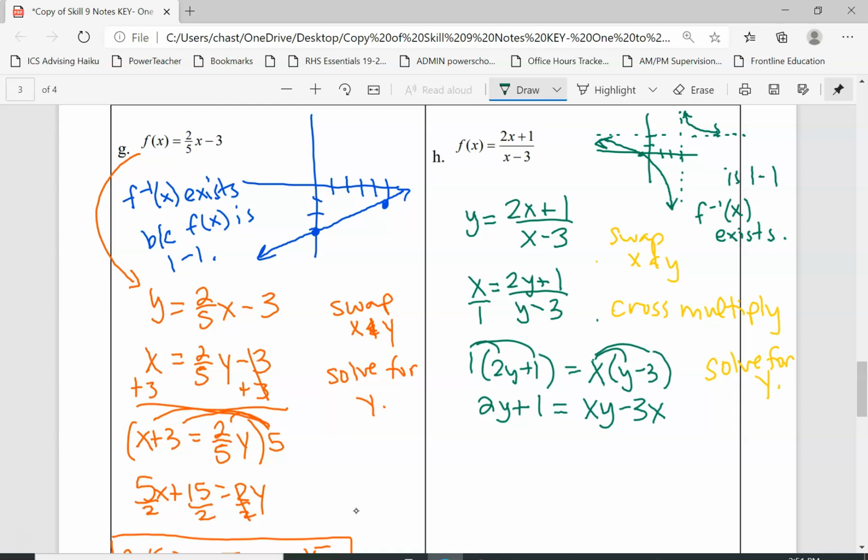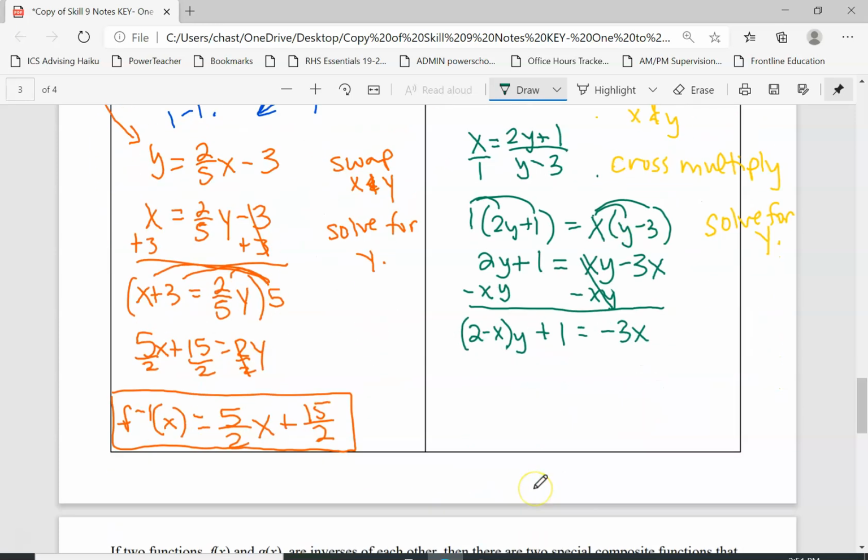Our goal is to have the y's on the same side, so I'm going to subtract xy from both sides. This gives me the quantity 2 minus x times y plus 1 equals -3x. So we're going to subtract 1 on both sides. And that gives us 2 minus x times y equals -3x minus 1.